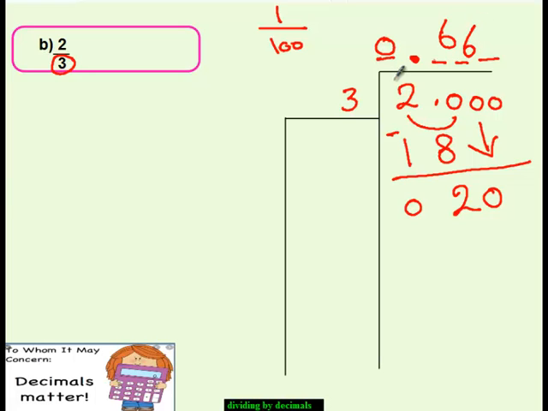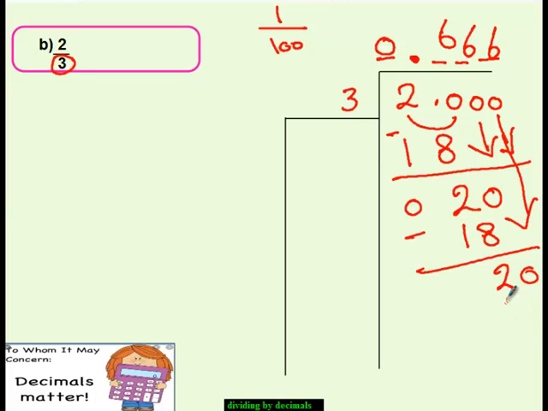It will be 6 again. 6 by 3, 18, and 20 minus 18 will be 2. I'm gonna drop down the 0 here. 20 again. 20 divided by 3, it will be 6. 6 by 3, 18, and here I have 2, and I stop here.